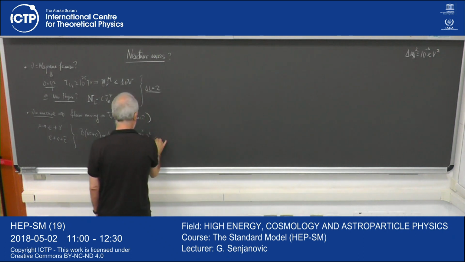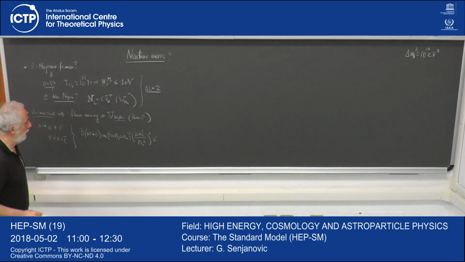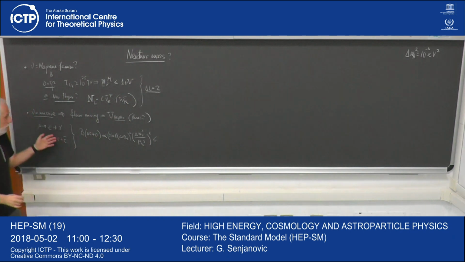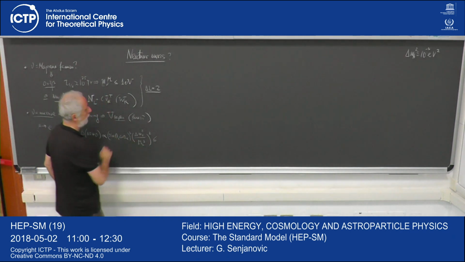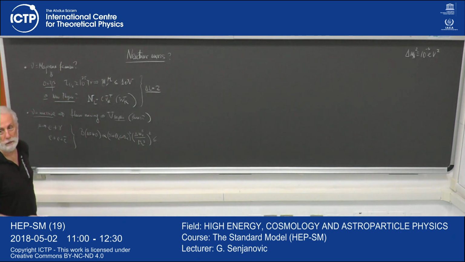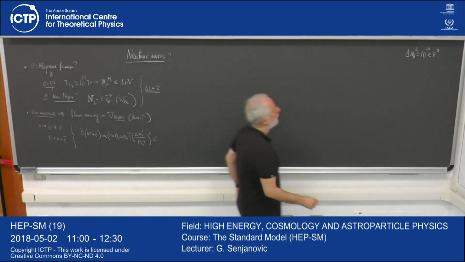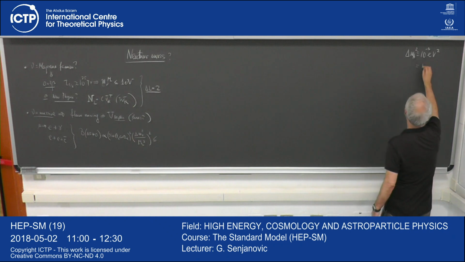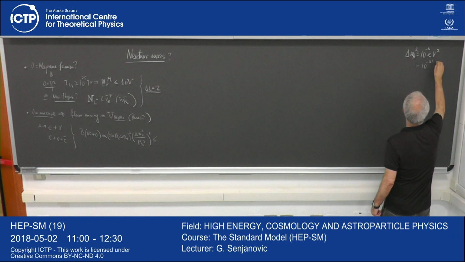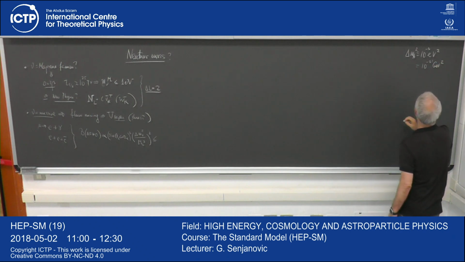So this is less, and even if I have, and you know there could be factors, in this case there is a loop factor, or whatnot, I don't care. This is 10 to the minus 3 electron volt squared. What is this? That's 10 to the minus 18 minus 21 GeV squared.